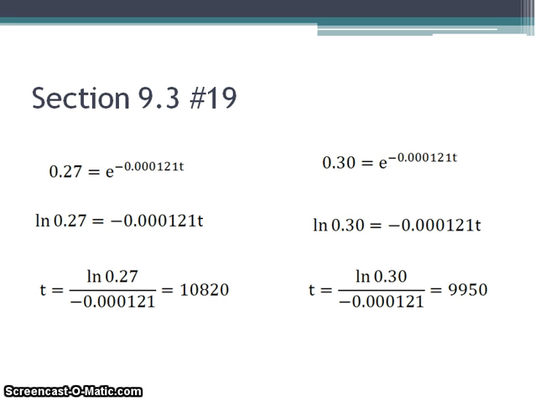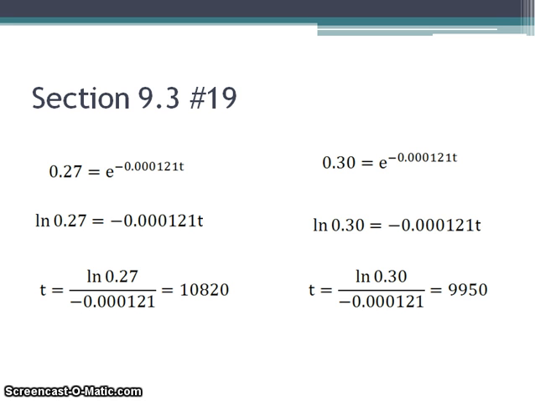Then you do the second part of the question. So you substitute 0.30 into y, which gives you the equation of 0.30 equals e to the negative 0.000121 t. And also, in order to get rid of e, you take the natural logarithm on both sides.